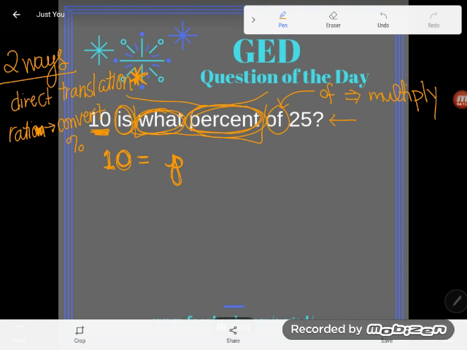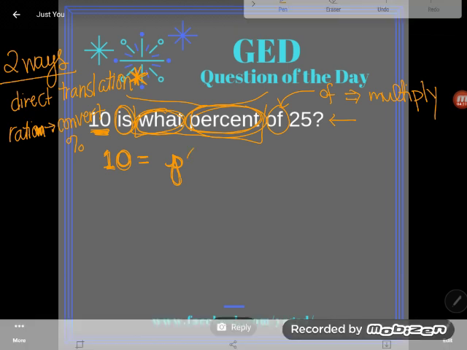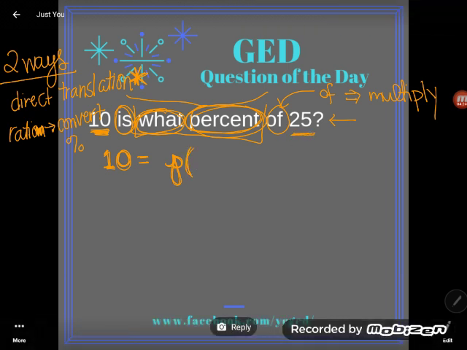That might be cool that you know a shortcut trick, but I promise you, half of 10 literally does mean half times 10. Whether you know a different shortcut or not, it literally means multiply. So I see the word of, that means I'm multiplying. I'm multiplying by what? Well, they tell me what number to multiply by, 25.